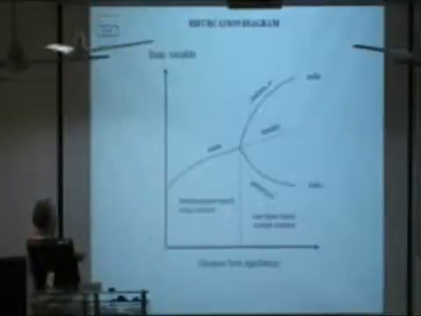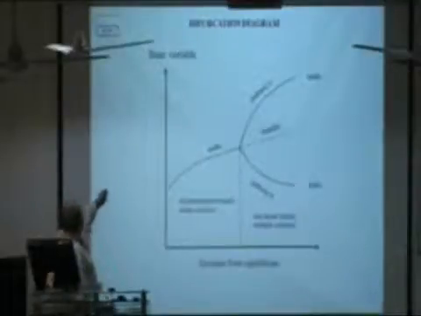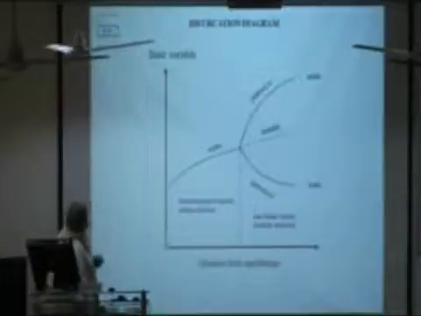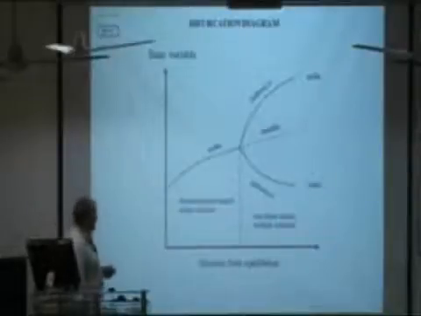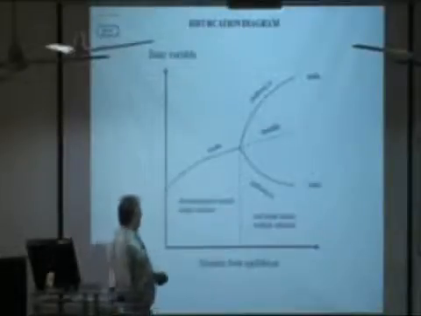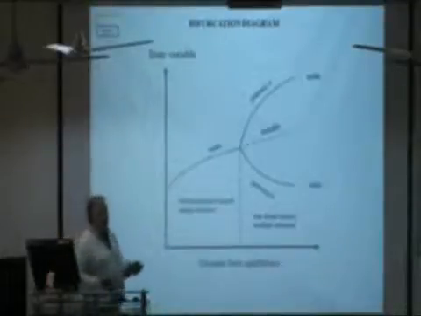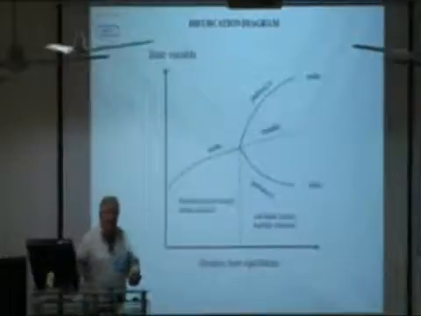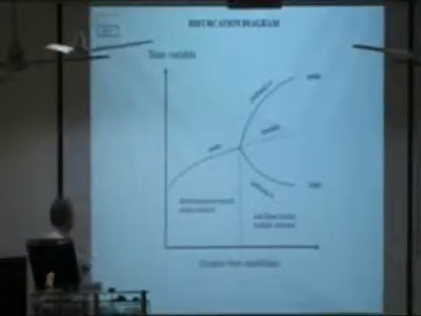This slide is an illustration of a simple type of bifurcation phenomenon. On the vertical axis, we have some sort of state variable of the system, and on the horizontal axis, we have the distance of the system from equilibrium. Equilibrium is here, and over here, we're far from equilibrium. Systems which are at equilibrium can be described by linear equations, y is mx plus c, in which case there's only one solution, which is everywhere the same, and the system is homogeneous.